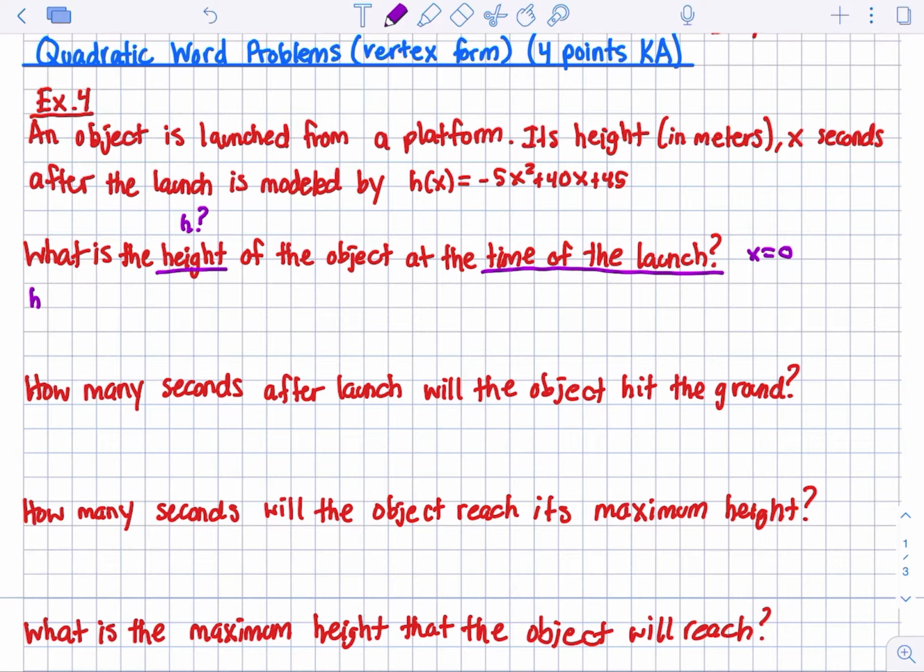So we're going to find h of 0, and that will give us the initial height. So, -5(0) squared, plus 40 times 0 plus 45. Those cancel, so all you're left with is 45.